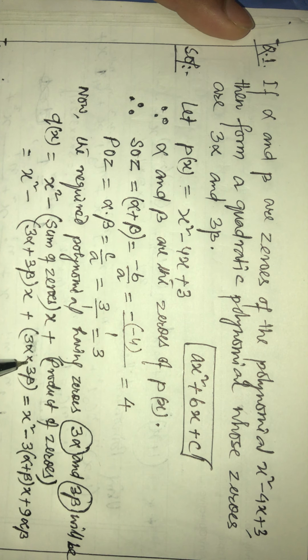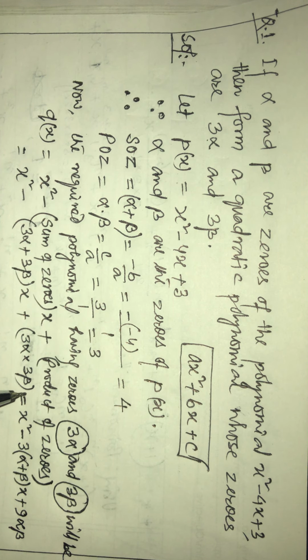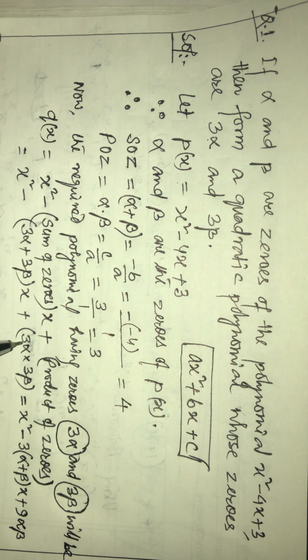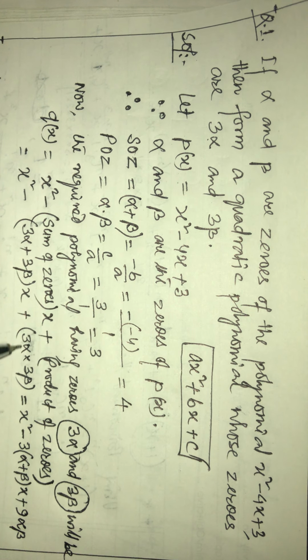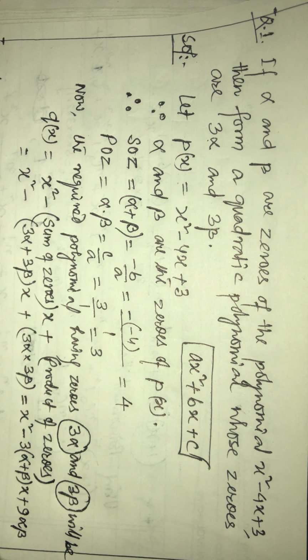Last time, I still remember, some of you asked me this. In multiplication we don't follow the distributive law. Distributive law is true only for multiplication with addition, multiplication with subtraction. We don't have that here, only multiplication is there, so we multiply this way: 3 into 3, 9, alpha into beta, alpha beta.